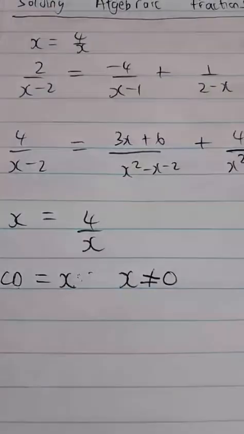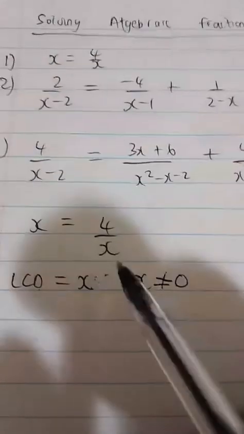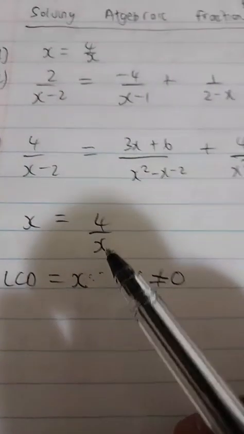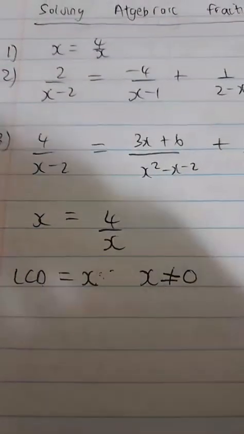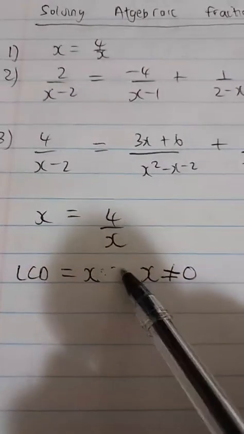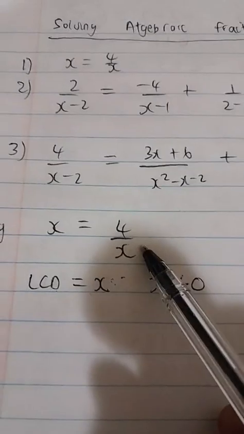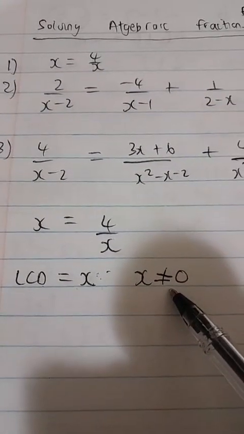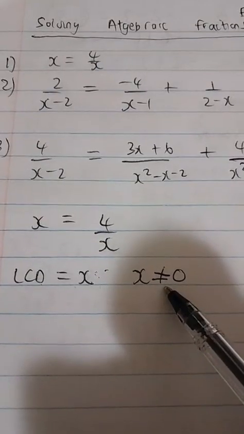Maybe you're going to ask yourself the question, why can't x be 0? Can someone tell me in the comment section? Why are we restricting our value of x to not being 0 but being any other value? Undefined.